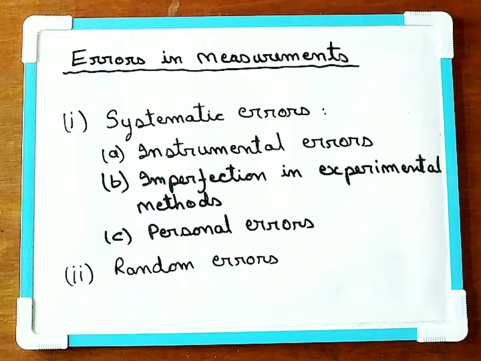Even if we have calibrated the instrument properly, if we have followed the procedure very carefully, and if we have measured the quantities very carefully, even if we have minimized all these systematic errors, some error will always be there, and these types of errors are known as random errors or chance errors. You do not know the source of these errors. They may be due to external factors which are unknown.